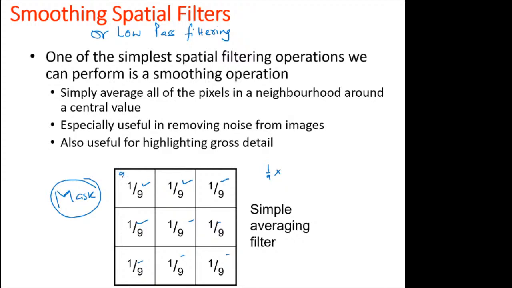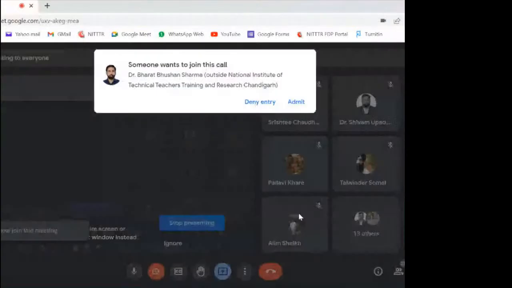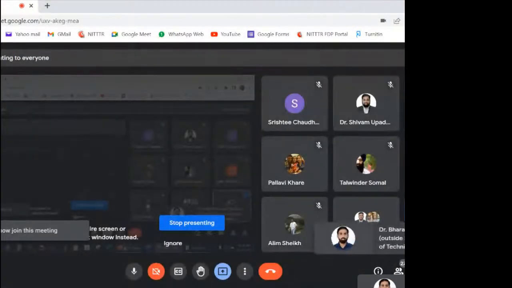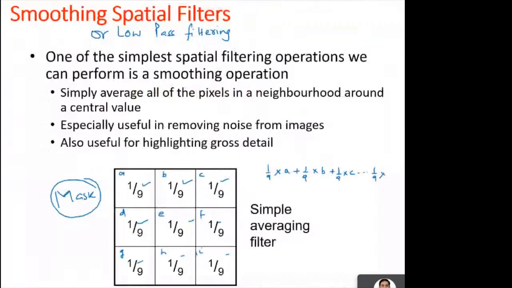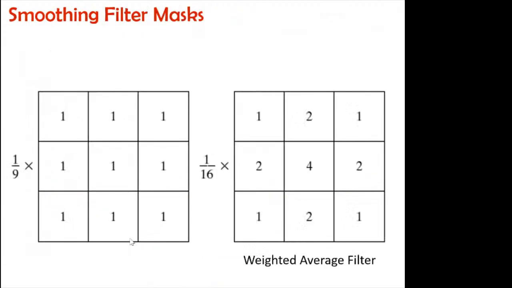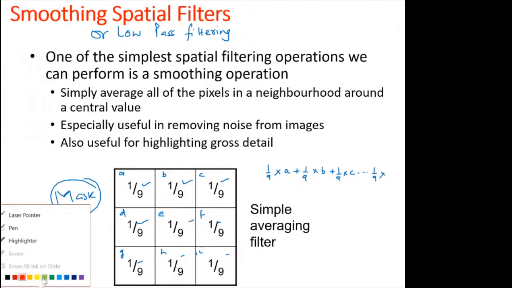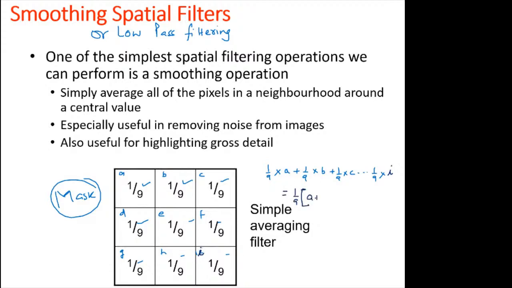Suppose this pixel intensity is A. So 1 by 9 into A, B, C, D, E, G, H, I. The last one was I. So 1 by 9 into I. So that means 1 by 9 into A plus B plus C and so on up to I.